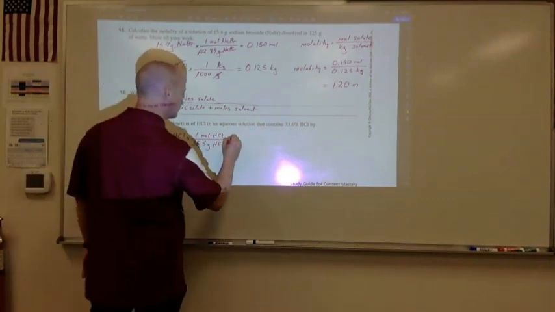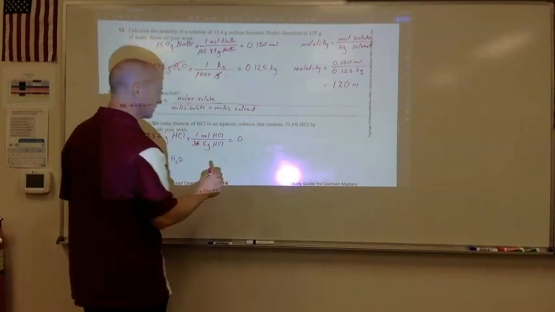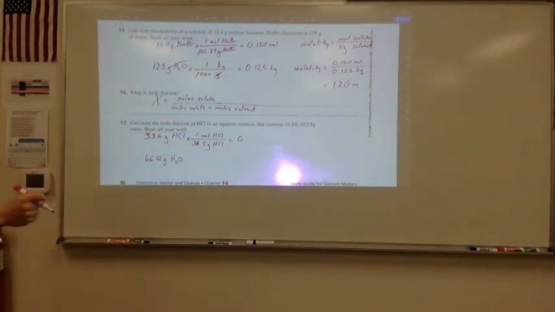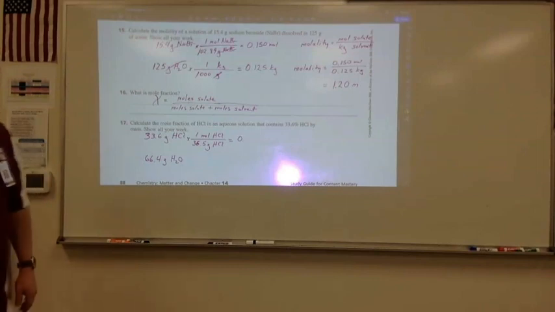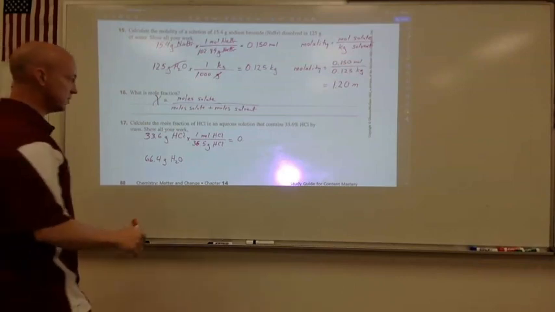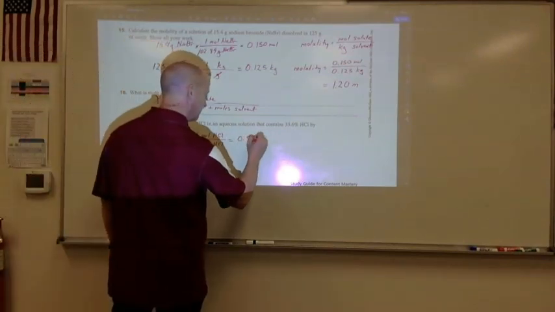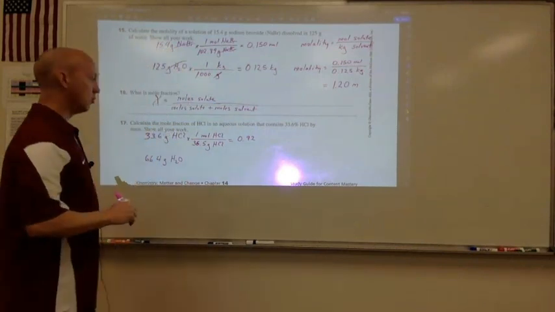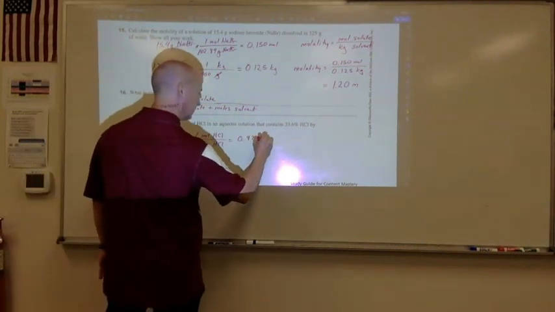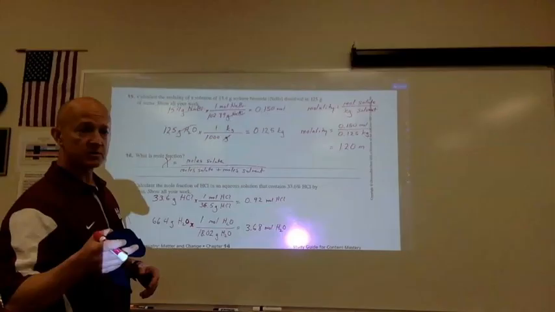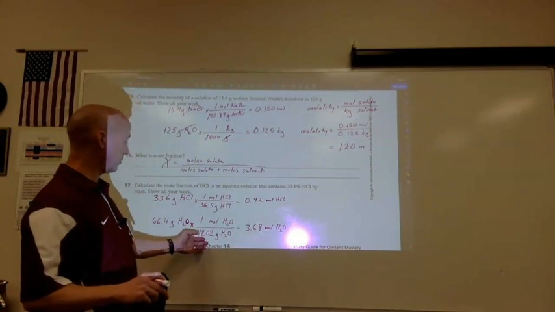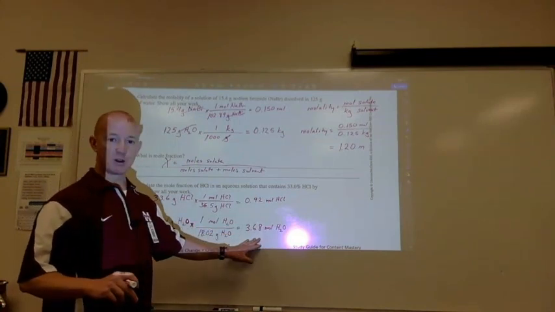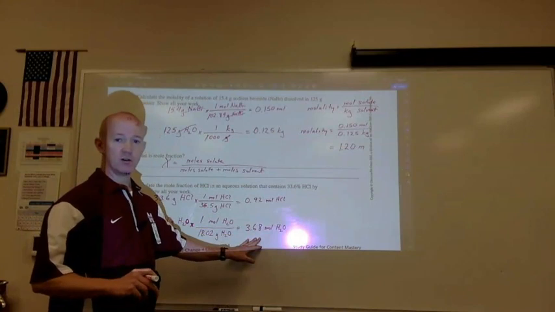And that's going to give us 0.92 moles HCl. Then 18.02 grams per mole gives us 3.68 moles of water.